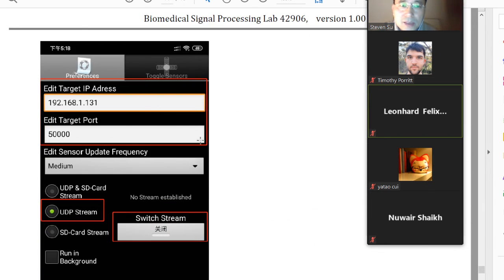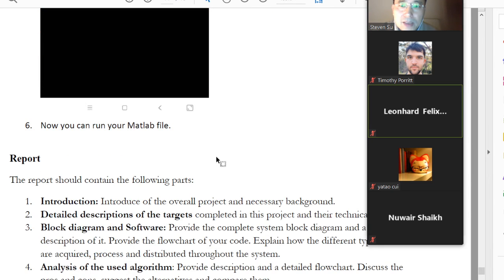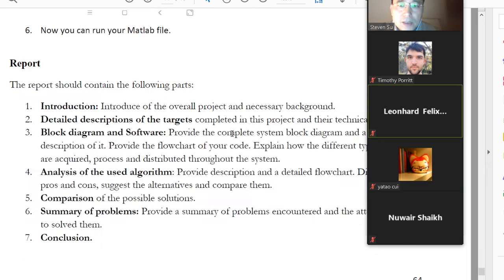You set it up on your iPhone as well, and then you run your MATLAB. We provide the MATLAB code, and your MATLAB can read the data online, and then you can do all the analysis here, signal processing, or classification.